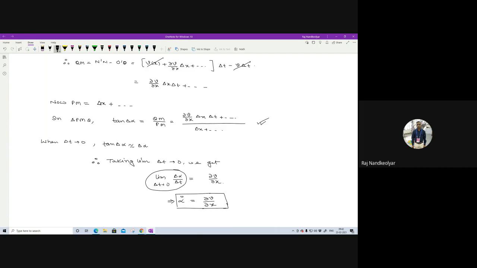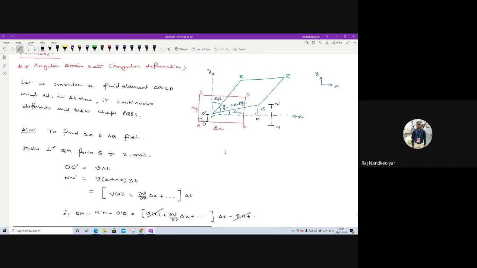Is it okay? Any doubt in this? We have obtained delta alpha upon delta T, which we are denoting by alpha dot, and the alpha dot value is del V by del X. Now similarly, we have thought about the X direction only.